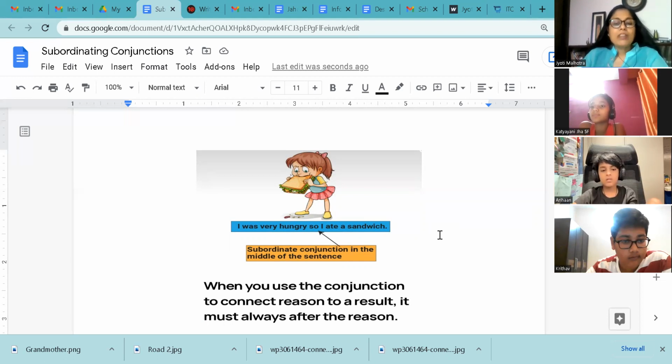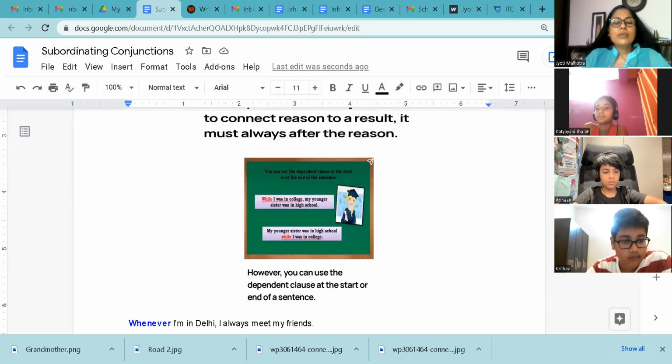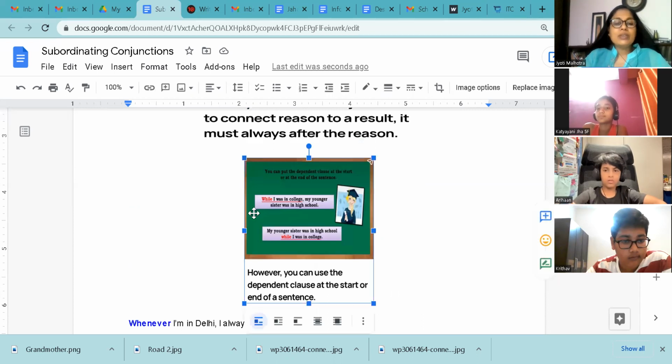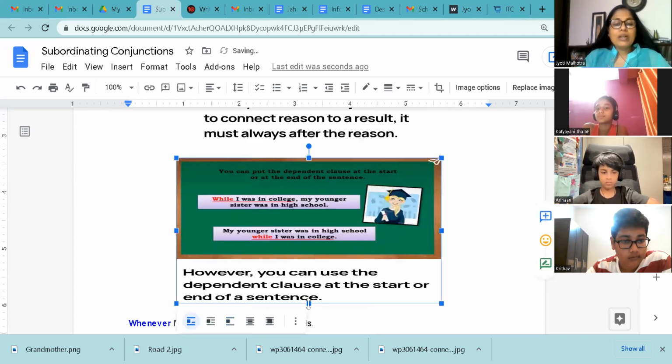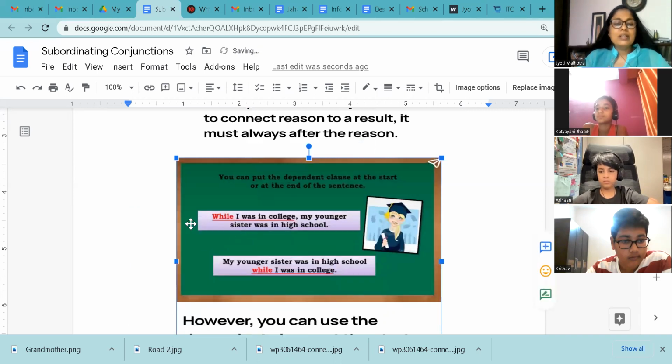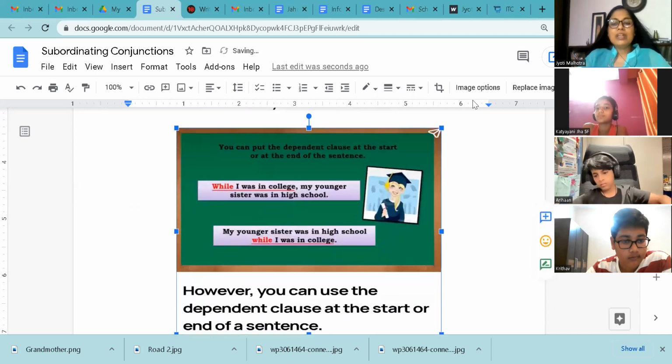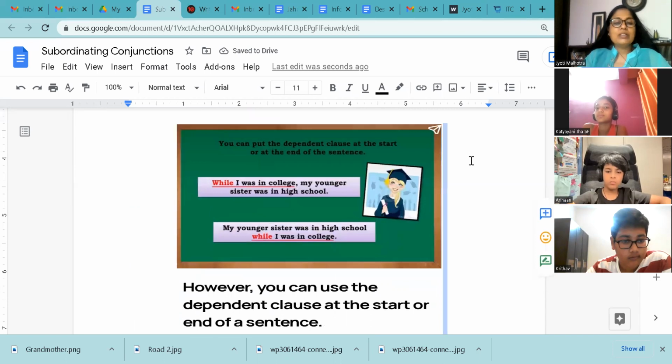You won't eat a sandwich if you're not hungry. So I ate the sandwich. This conjunction comes in the middle of a sentence. But it's not necessary. You can use it either at the beginning of the sentence or in the middle of the sentence. In some rare cases also at the end of the sentence.